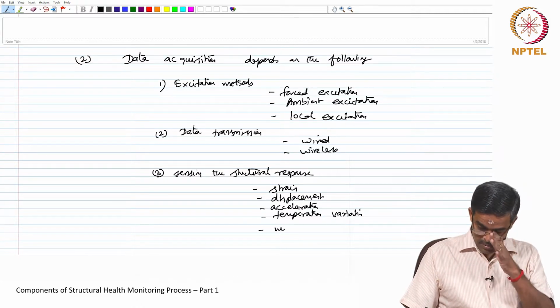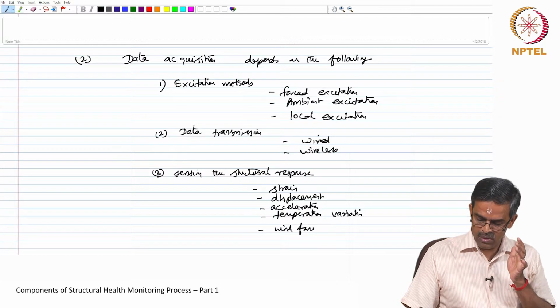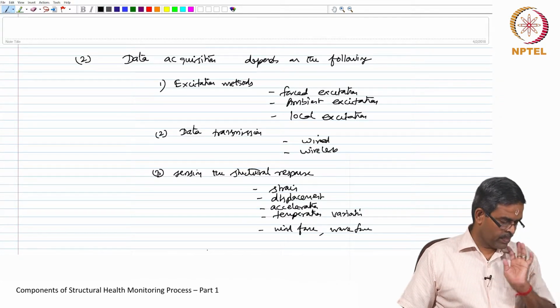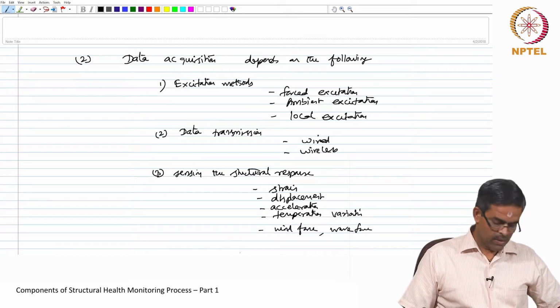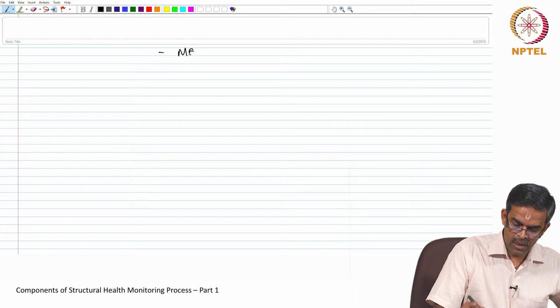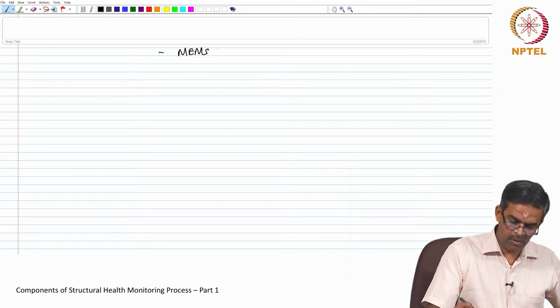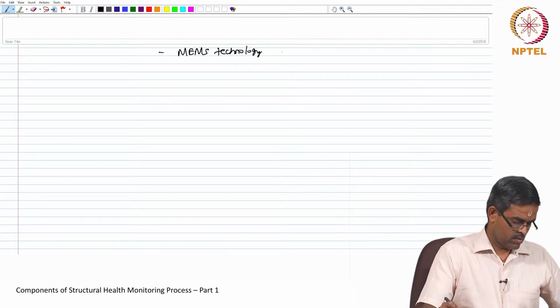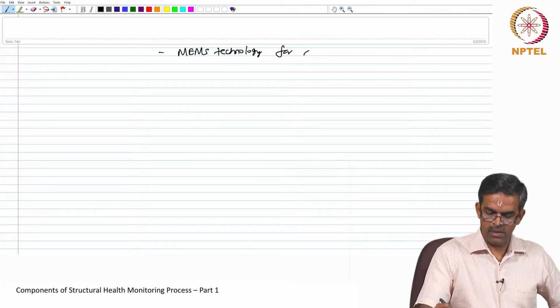Is it wind force, wave force, etc.? Is it deploying MEMS technology for sensing?